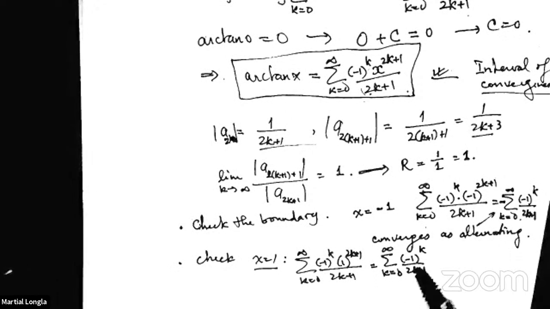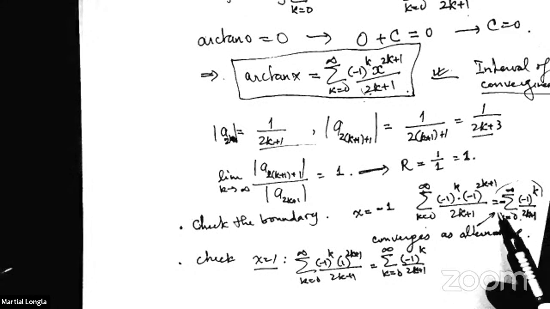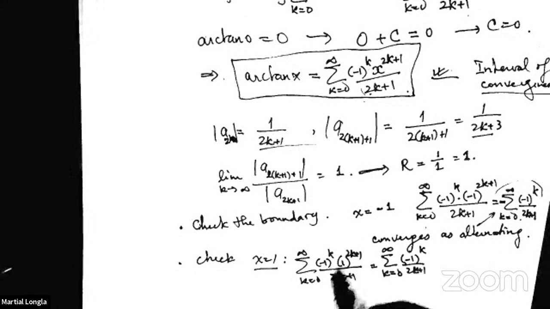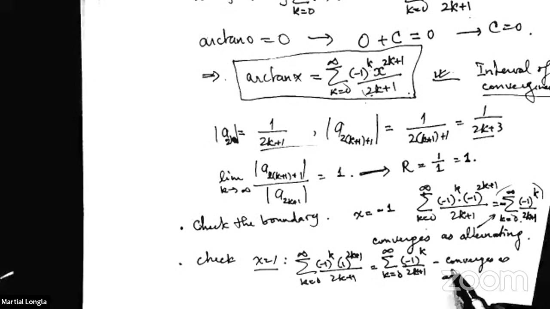And you can see that this thing is the opposite of that one, right? This sum with a minus is the opposite of this one. And this also converges, therefore, as an alternating series.